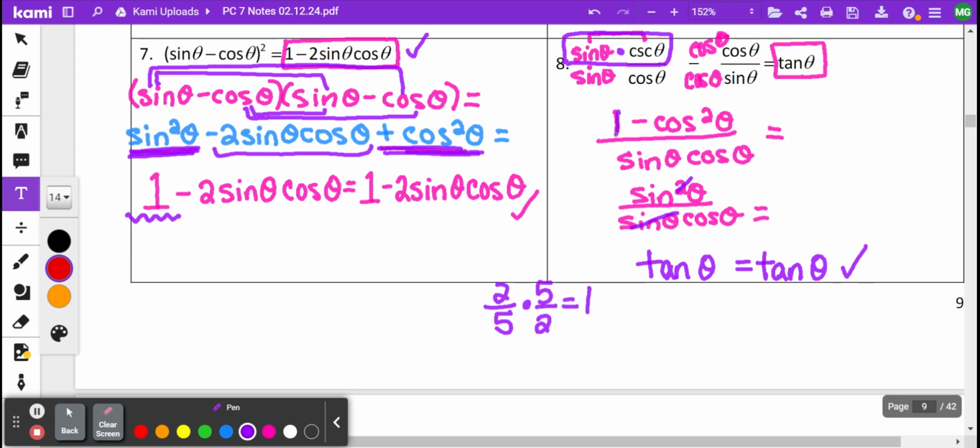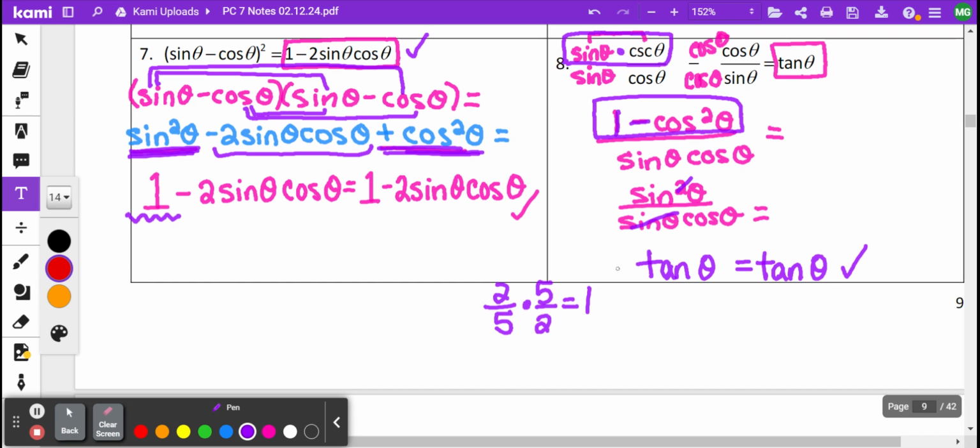So we have 1 minus cosine squared of theta over that common denominator. And right here, we're back to that Pythagorean identity, the very first one that we had. This one's where we moved over the cosine squared of theta. So we get sine squared of theta, cancel out one of the sine of thetas, and you're left with sine over cosine. Our quotient identity tells us that that is tangent of theta.